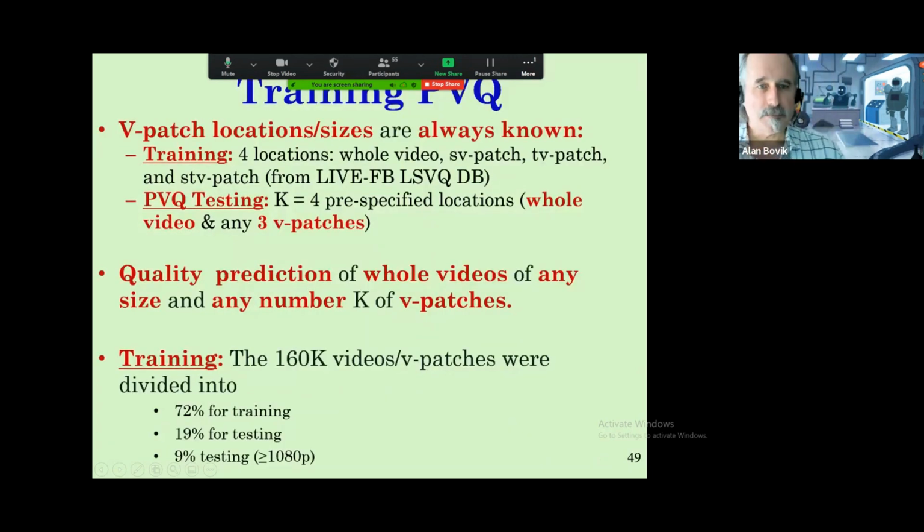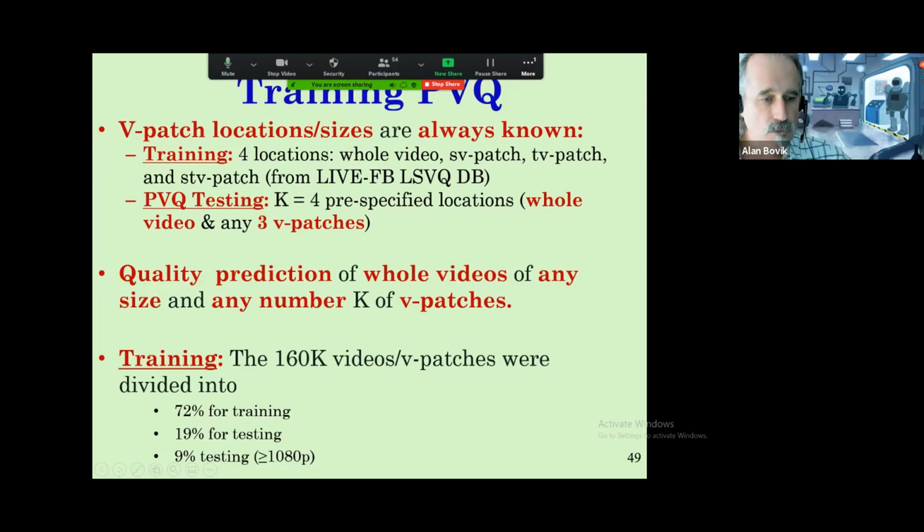Okay, so I just mentioned this. The locations are known. We've got our database with 5.5 million judgments and hundreds of thousands of videos. When we train, we know the locations. There are 4 of them, of course: the whole video and the 3 patches for every video.